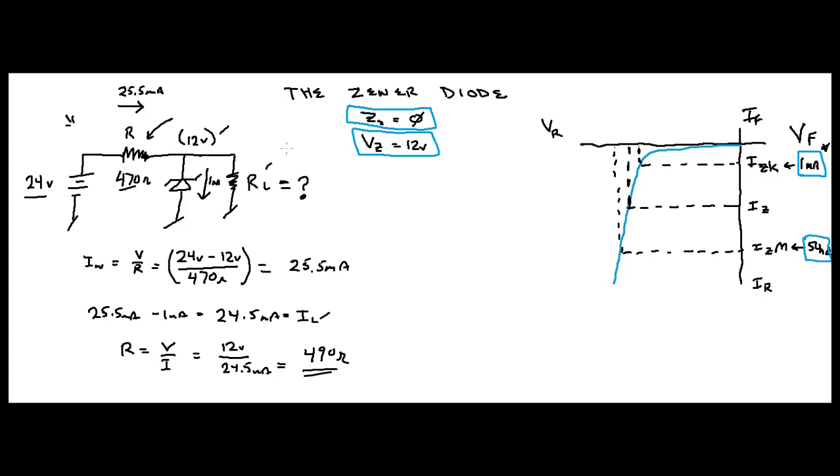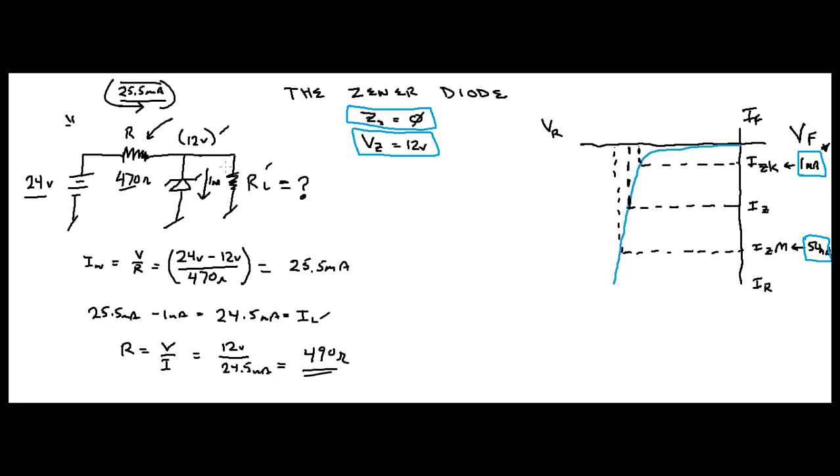The thing with these kinds of problems, you want to know your total current coming in, and if you know this resistor, you know the voltage differential, you can easily calculate that. Then you need to know, if you're doing the minimum or maximum, how much the Zener is going to require to maintain regulation. And then all the rest of the current is going to have to go through your load resistor.